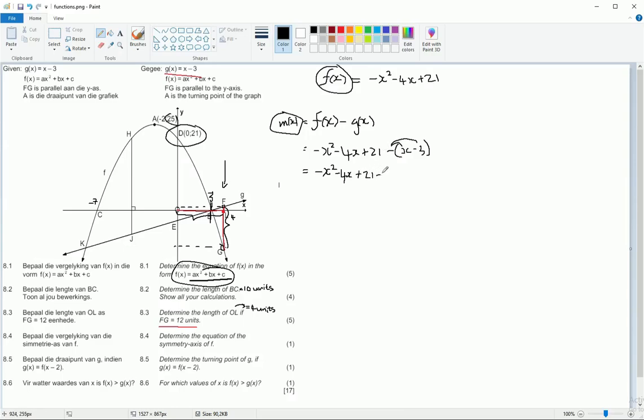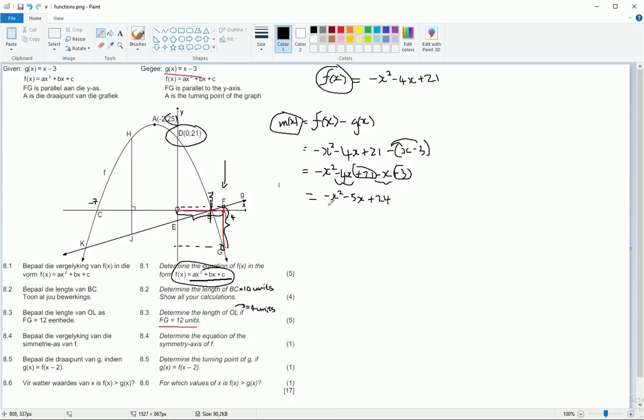That's going to give you a minus x, and then that's going to give you a plus 3. Okay, so let's just see here. We have some like terms, that one and that one, and this one and that one. So this is minus x squared. This is going to be minus 5x. I think that was a 21, so 21 plus 3 is going to be 24.